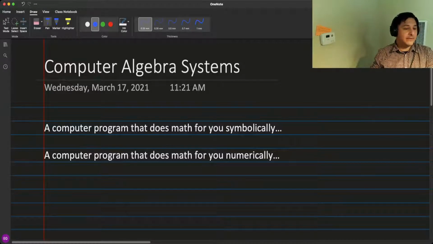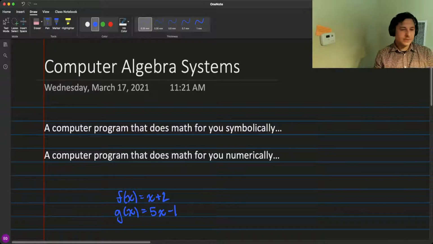Okay, so let's say that you have a function f of x equals x plus 2. And let's say that you have another function g of x equals 5x minus 1. I'm just making this up.